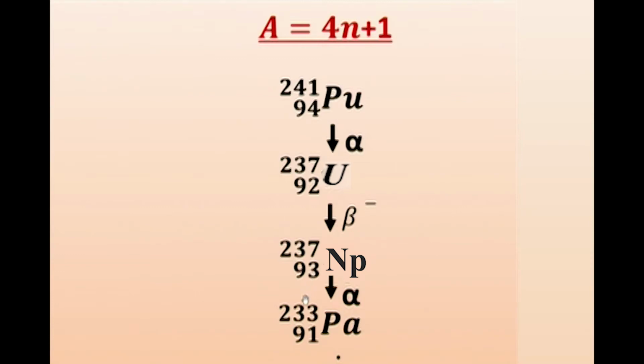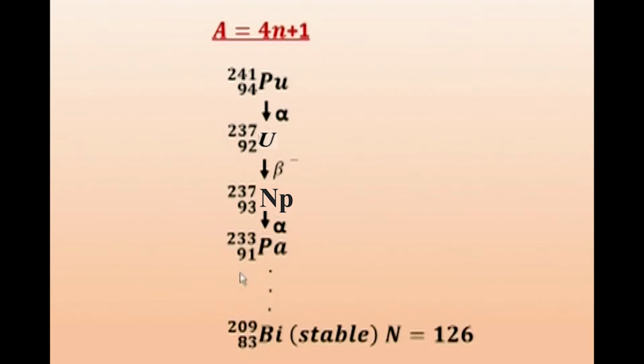Then again it goes to Pa, which is again not stable, and it goes on. The whole list we need not discuss here, it is only to give the idea. If you go through the periodic table or Clark's table, you will get all the elements, and what is more important is the last element, bismuth.